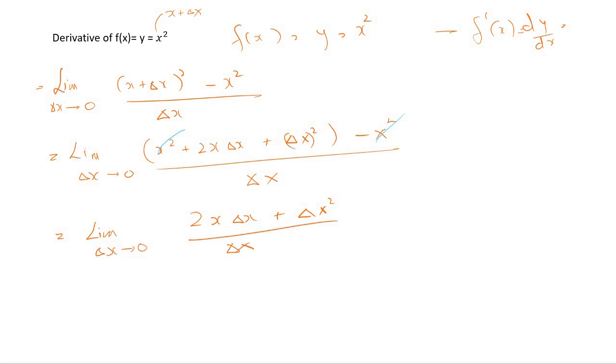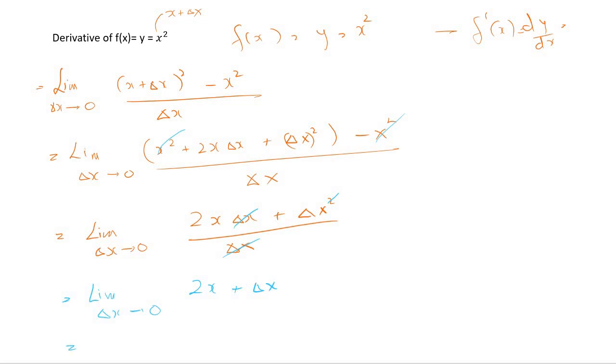Since delta x is common, we can take the delta x out. We can cross off one delta x here. So we will have the limit as delta x tends to 0 of 2x plus delta x, because there's one delta x remaining.